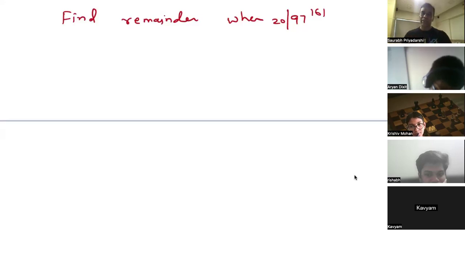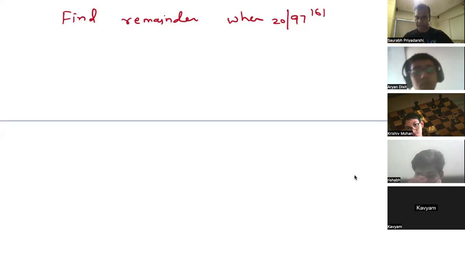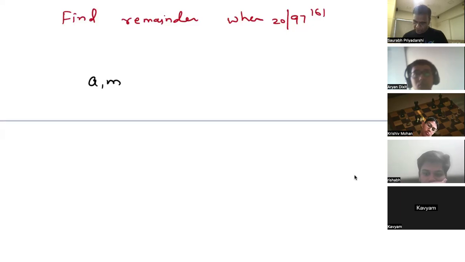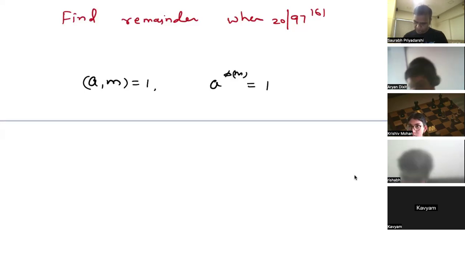Now the question will be very simple, right? You have to use the Euler totient function. Why have we done all this? If A and M are such that GCD is 1, then A to the power phi of M is congruent to 1.